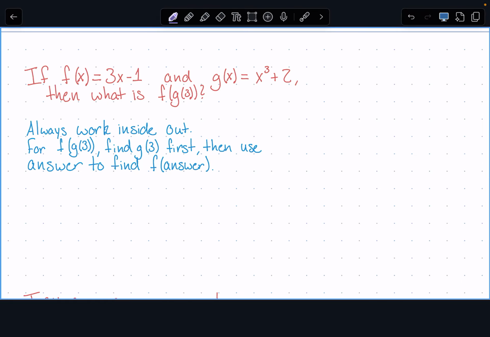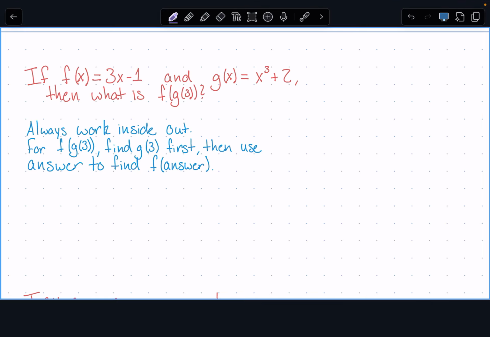Usually the way this will work with composite functions is they will give you an f of x and a g of x or h of x or whatever of x. And it will tell you to evaluate or ask what is, and that's what it wants you to find.